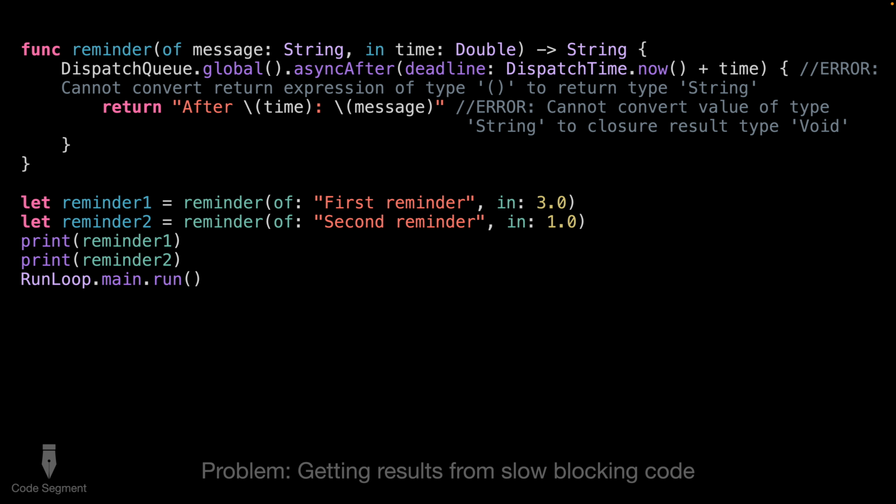So there's a problem with that. Getting results from that is difficult. Here, we do what would kind of be the intuitive thing to do. We create a function called reminder of message string in time, right? So basically, this is kind of an abstraction for like a network call or something, but what we're doing is we're putting a reminder into the queue to pop back out at us and print something at a later time, right?